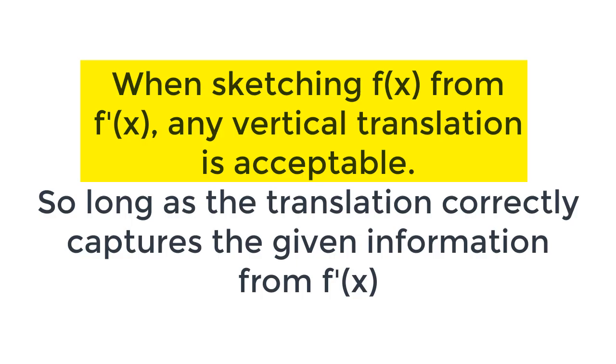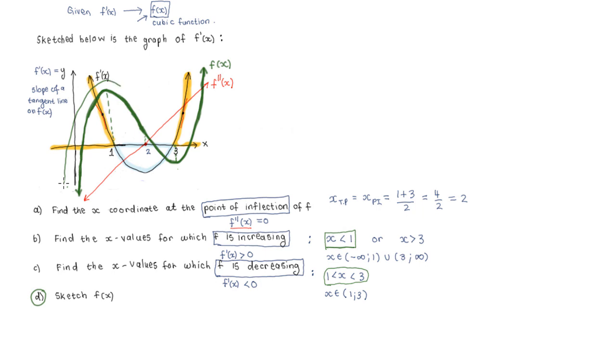Okay, so notice that with this original function f of x, you can move it up or down. That's called translation. So you could have drawn it a little bit higher like this, where you translate the graph upwards, or you could have drawn it like this, where you translate the graph downwards.